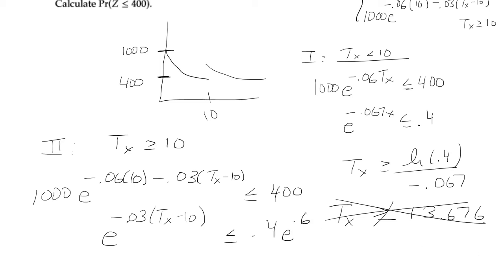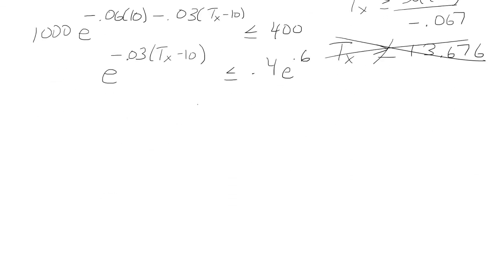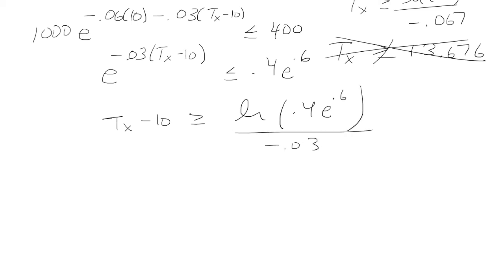So we'll have that. And we'll take the natural log of both sides, divide by negative 0.03, and then we'll just add 10.